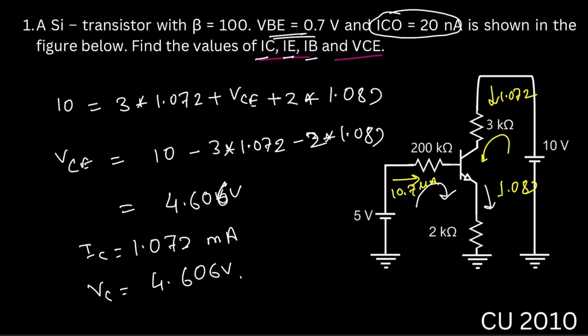Now let's go to the simulation circuit and check whether the result is close to this one or not. In that simulation circuit we cannot set ICO to 20 nanoampere, so we need to consider the circuit without ICO and check that the result is very close to our calculation result.